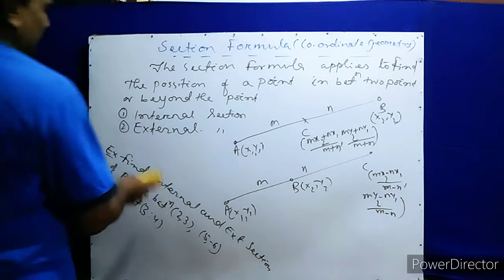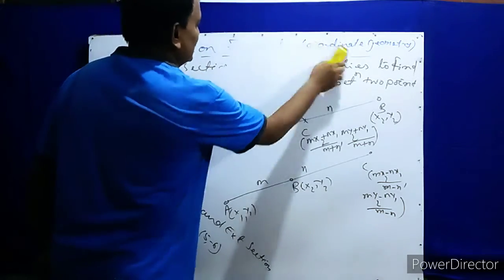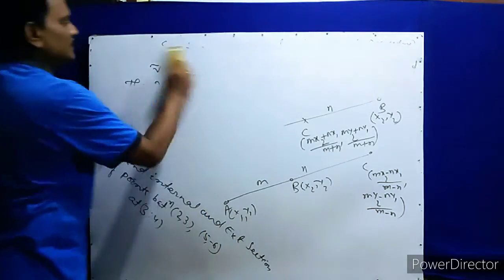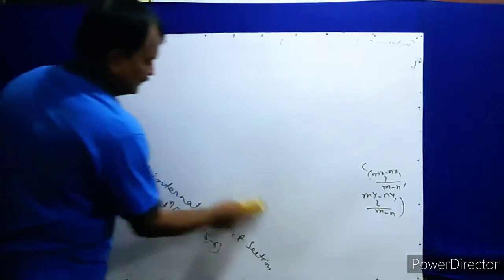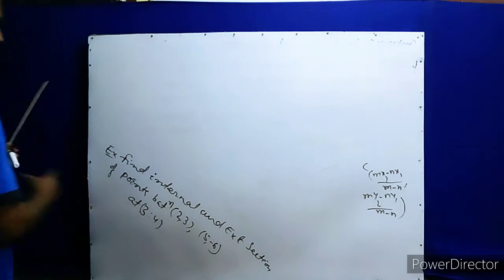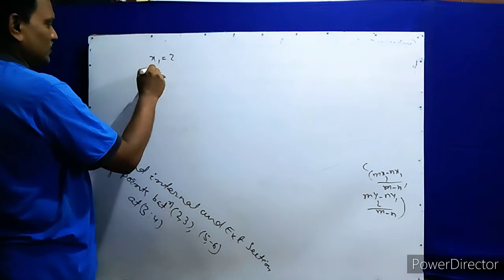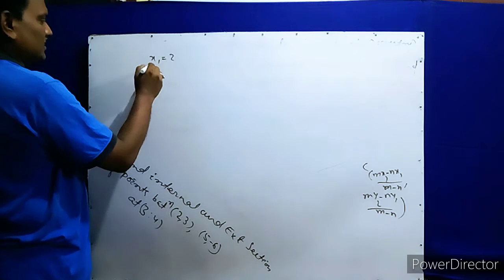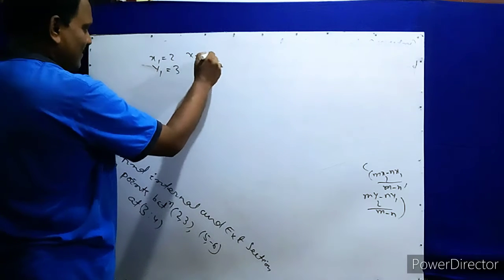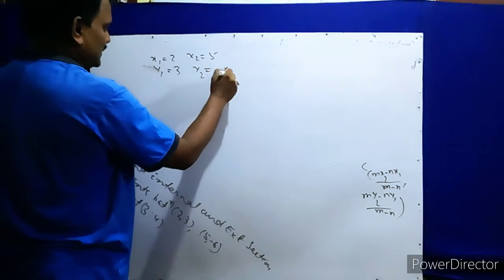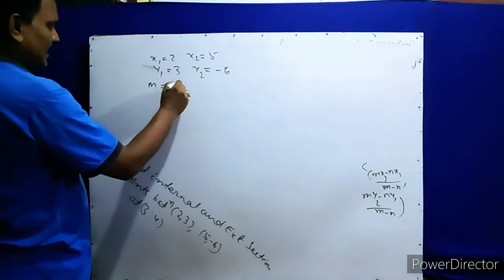Look here, it is one problem for internal and external section. The first point is x1 equal to 2, y1 equal to 3, x2 equal to 5 and y2 equal to minus 6. At ratio m is to n, m equal to 3, n equal to 4.